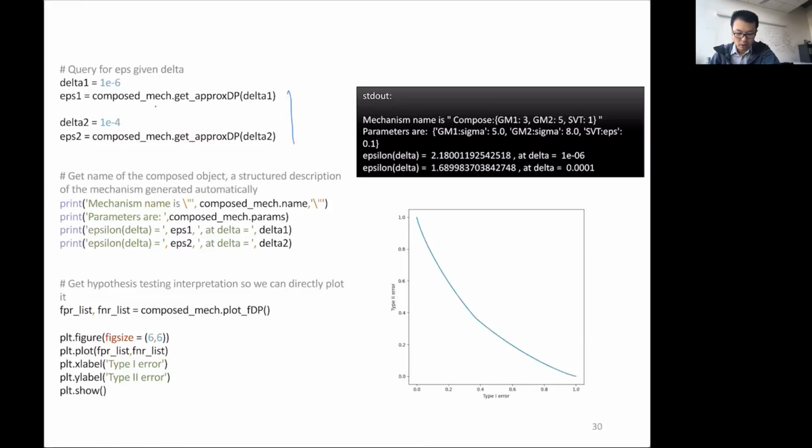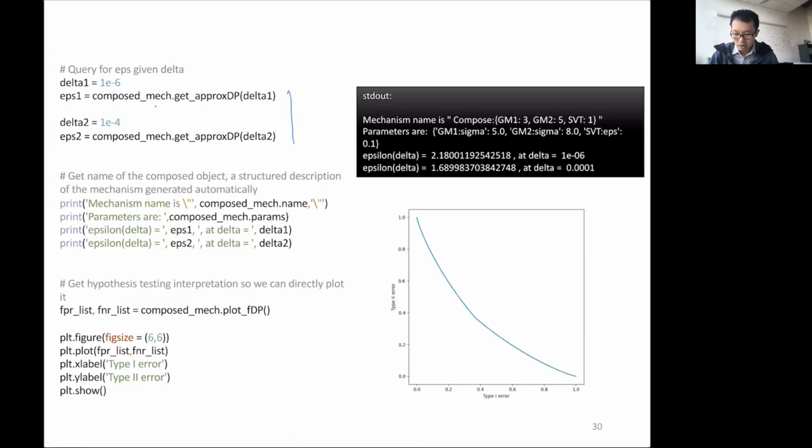Okay, you can also intuitively interpret the results that you got from this composition and this composed mechanism by plotting the implied trade-off function. Right, so the composition currently that's being implemented by the Renyi differential privacy.